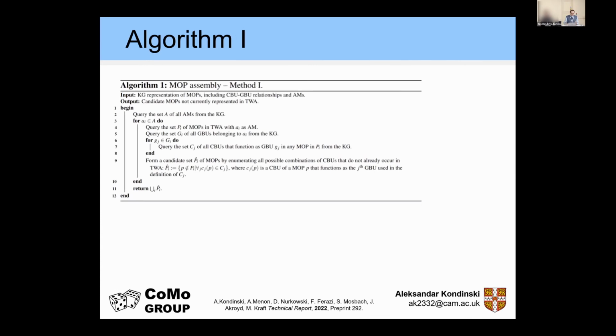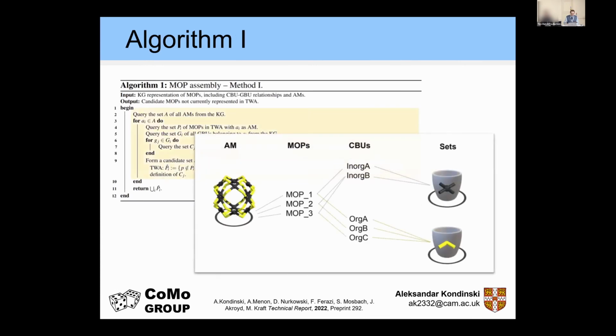So what we have developed is an algorithm. This algorithm allows us first to see the assembly model, then we query for the MOPs. After we have the MOPs, we get the chemical building units, and we put them in 2 bins. And then we can combinatorially find which kind of building units can create a MOP.